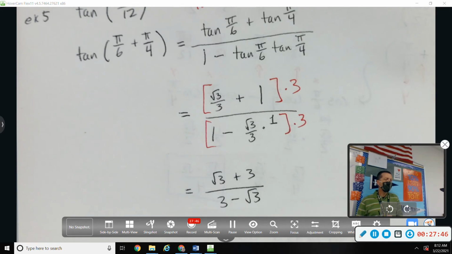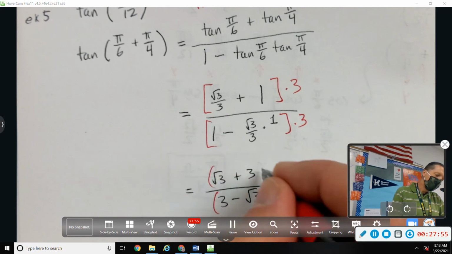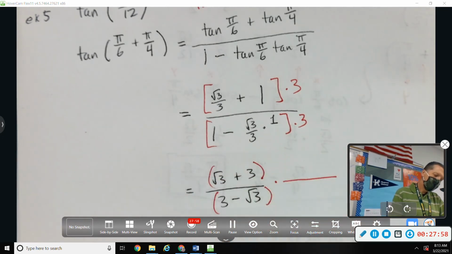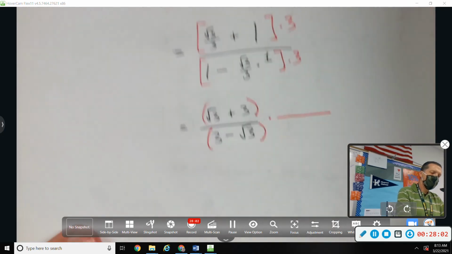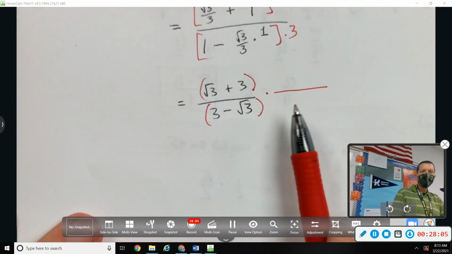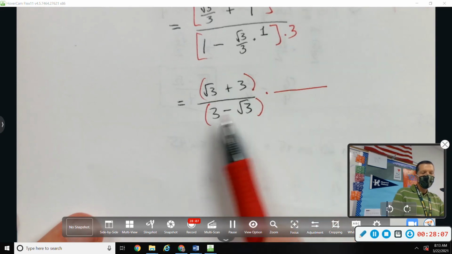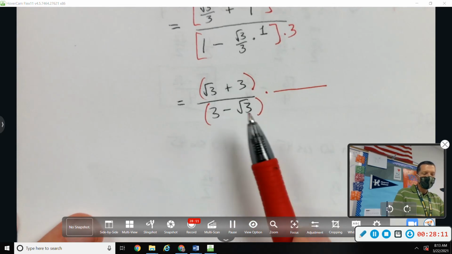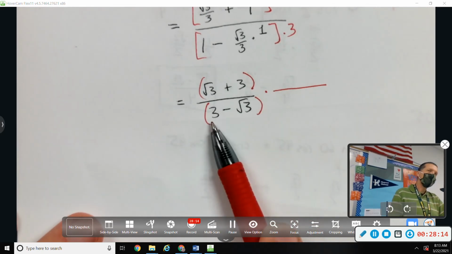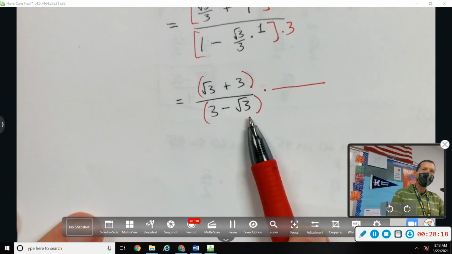Do you remember how to fix square roots in the bottom? I need to multiply by something. And if I multiply by radical 3, I would have to distribute it, top and bottom. But in the bottom, I'd have to distribute it, so it would fix this one, but mess this one up. So, good idea, on the right track, but it wouldn't work for this one.